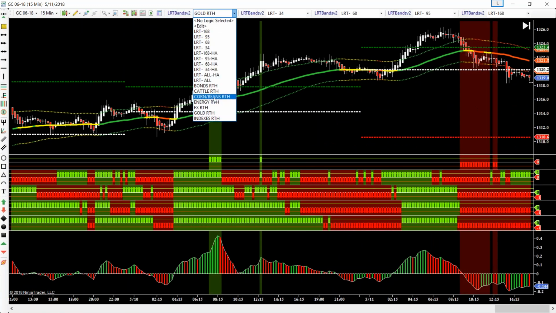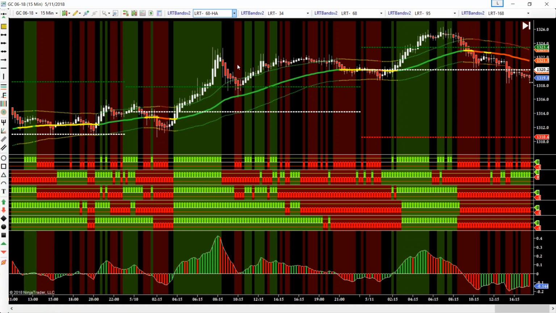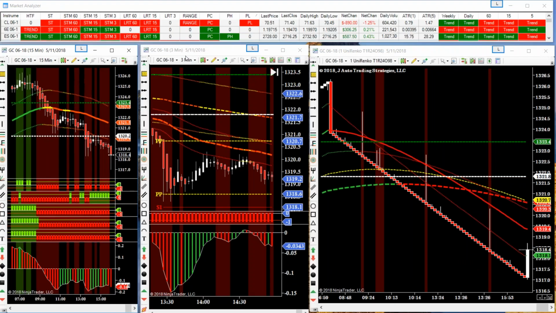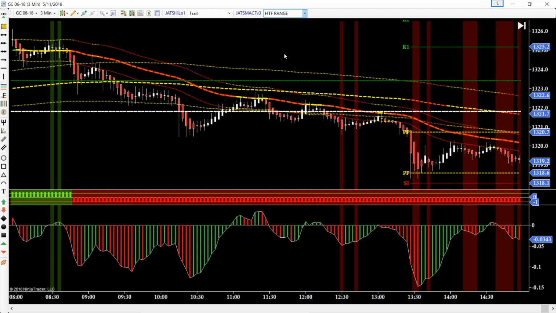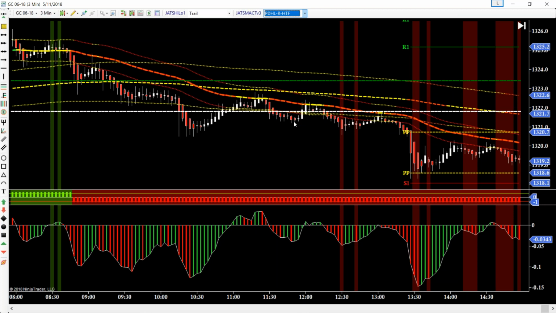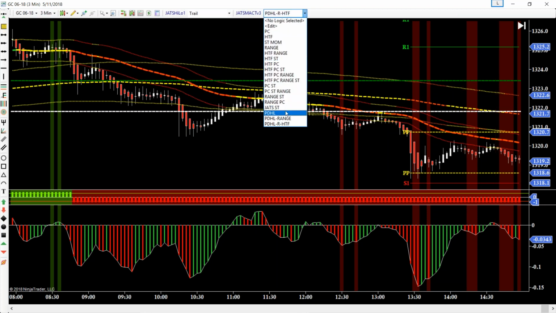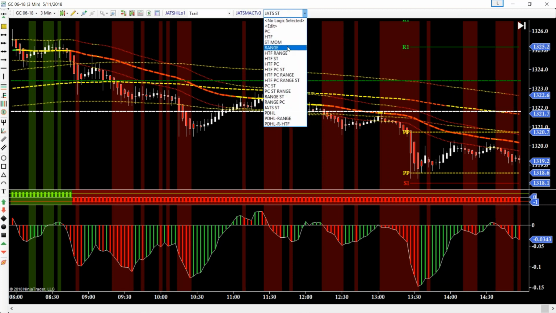Otherwise, since these markets have become so 24/7, you can choose one of these other settings to trade and match it with your 3-minute Saint Mom, or a higher time frame with range, or match one of these other conditions to try to get inside the move and find a market that is moving.